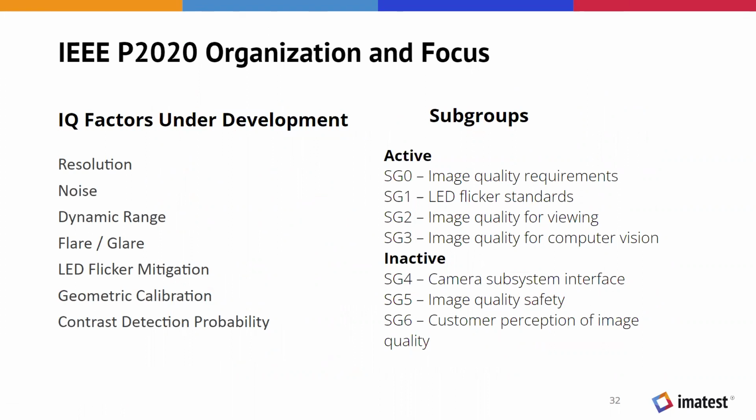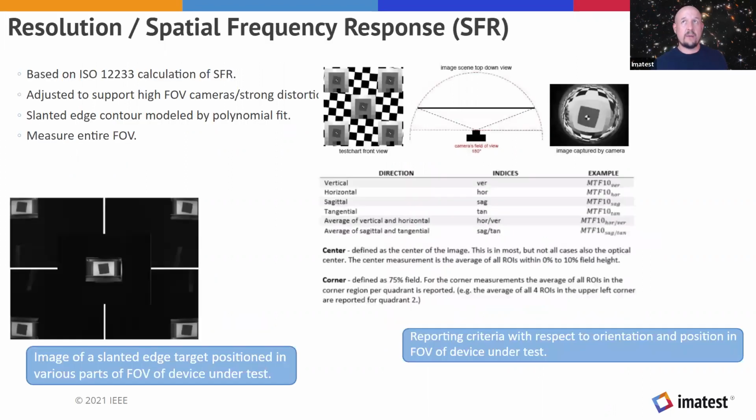What you see here are the metrics P2020 is mainly studying and working to standardize. I'm going to go over these metrics and talk about some of the differences that are going to be happening in the P2020 standard.